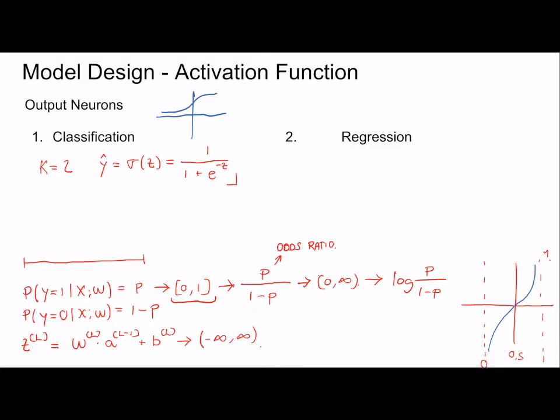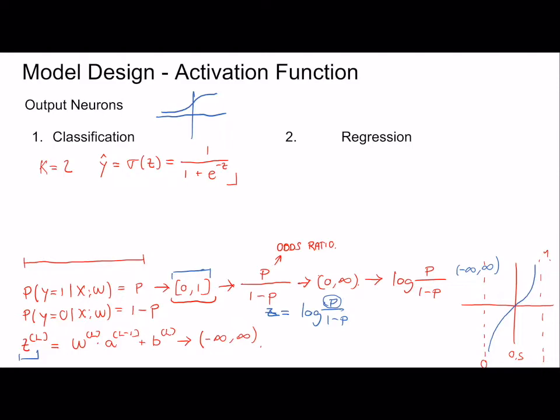Now, what we're trying to model is this value that goes from minus infinity to infinity, and we're trying to fit this value using c. We can essentially write c equal to log of p over 1 minus p. And because I want to find this probability in the end, what I need is a value between 0 and 1. Let me rearrange this and see how we can express the probability in terms of c.